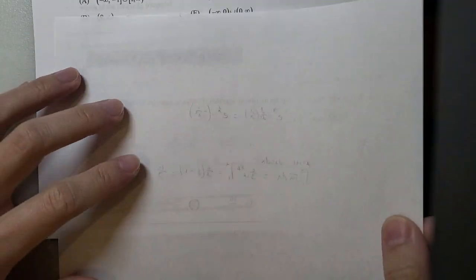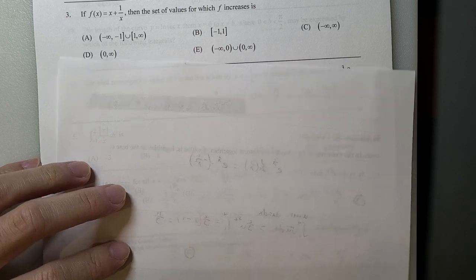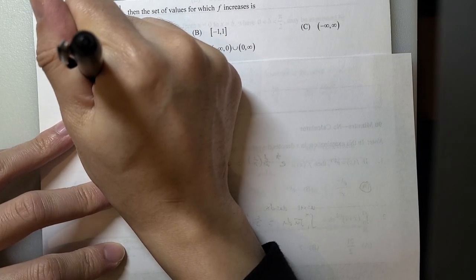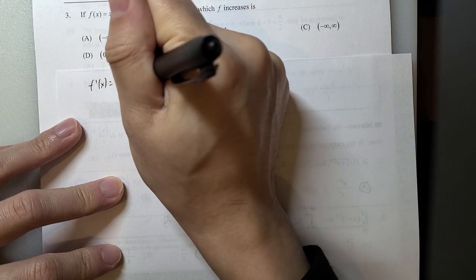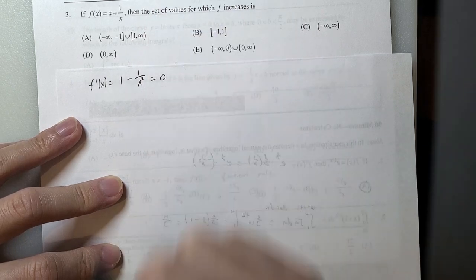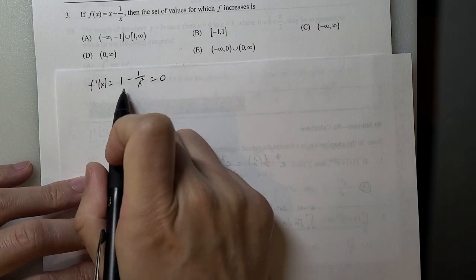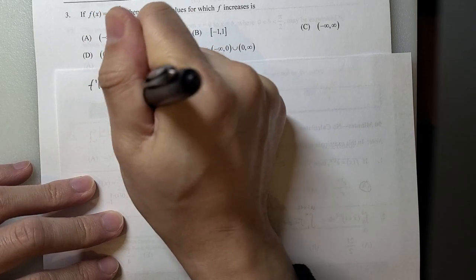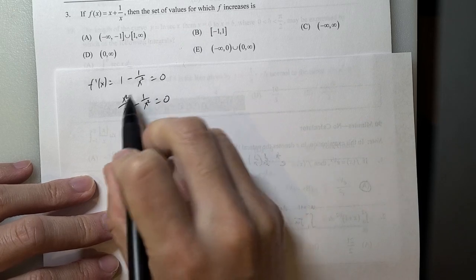So let's move this up. Okay, so we want to find f prime. That's just simple power rule again. It'll be 1 minus 1 over x squared. Okay? So we set it equal to 0 and find our critical points. We can change this to x squared over x squared minus 1 over x squared equal to 0, because I want to combine fractions.